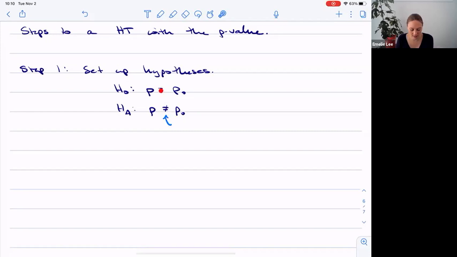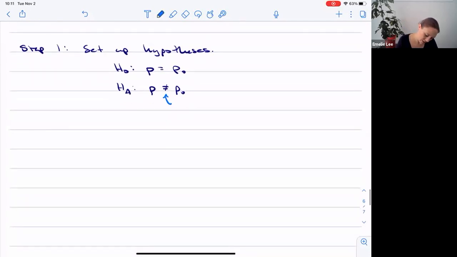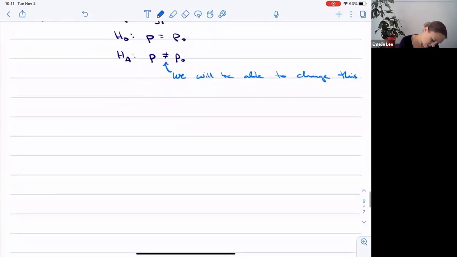You might have seen that in the null hypothesis, we have greater than or equal to, less than or equal to, but notice how there's always the equal sign there. So we'll forget about the other side, we'll call it. So we will be able to change this later, right? It's going to be either not equal to, less than, or greater than, depending on the question.